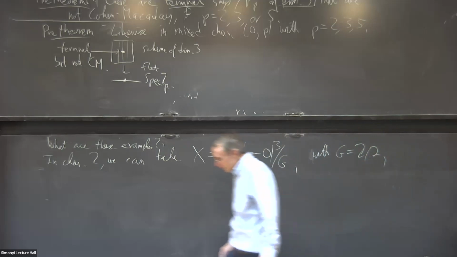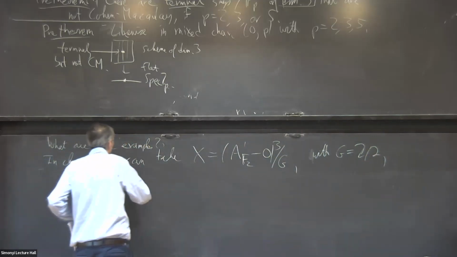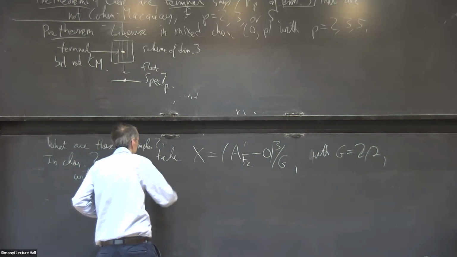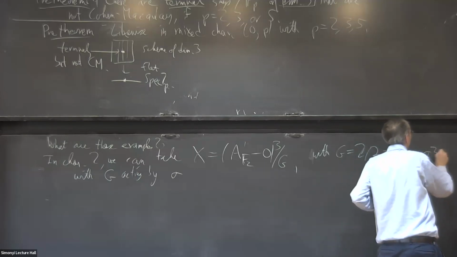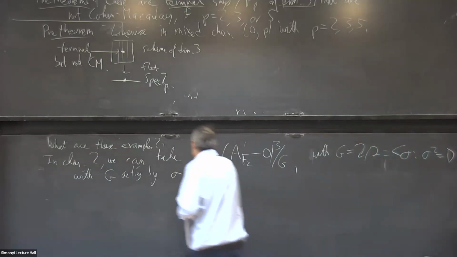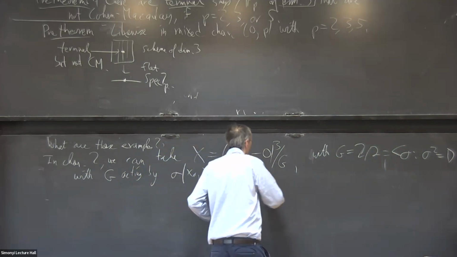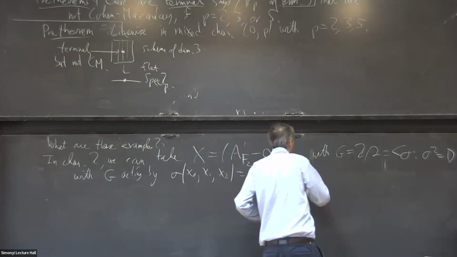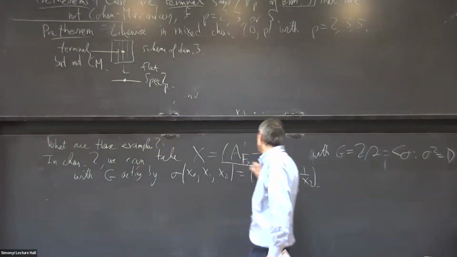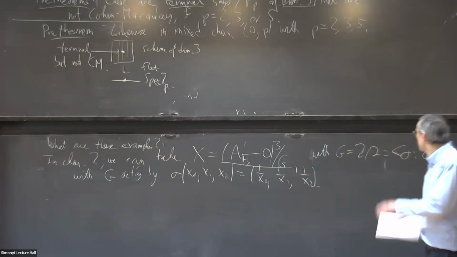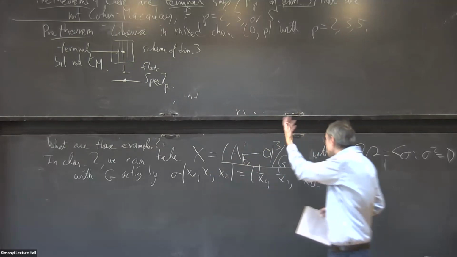I take almost the simplest action you can think of, by the group generated by an element sigma, where sigma of (x0, x1, x2) is (1/x0, 1/x1, 1/x2). So you take this really simple variety, divide by this action of this group, and you get this weird singularity. In particular, it is terminal, but it's not Cohen-Macaulay.